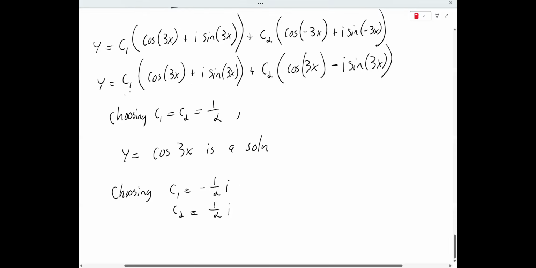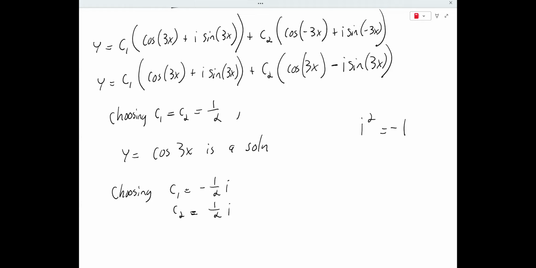The other thing that happens, if I put in negative 1/2 i here, I'll have an i times i. What's i times i? i squared, which is equal to -1.